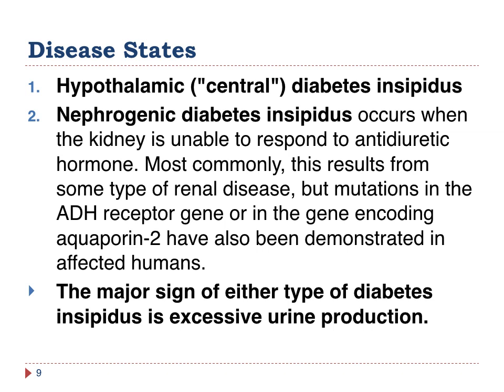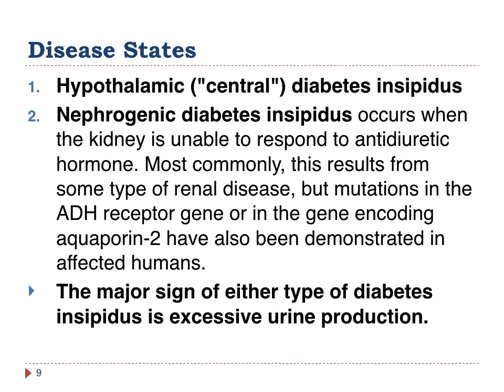Second, nephrogenic diabetes insipidus, and this occurs when the kidney is unable to respond to antidiuretic hormone. Most commonly, this results from some type of renal disease, but mutation in the antidiuretic hormone receptor gene or the gene encoding aquaporin 2 have been also demonstrated in affected humans.